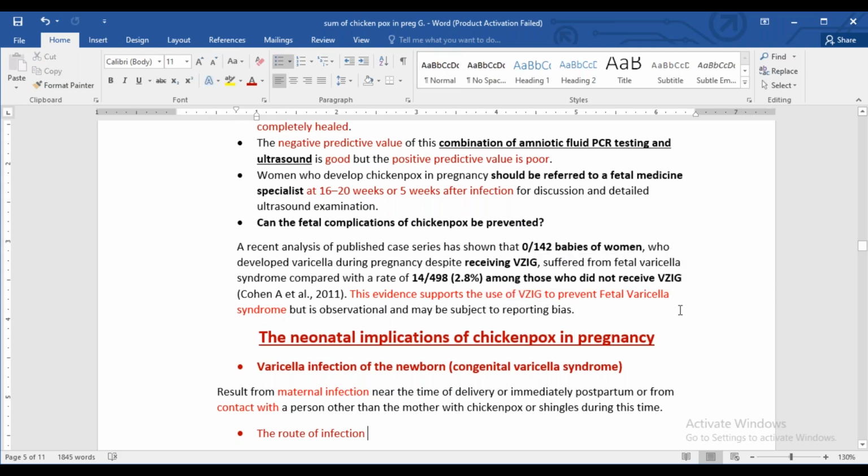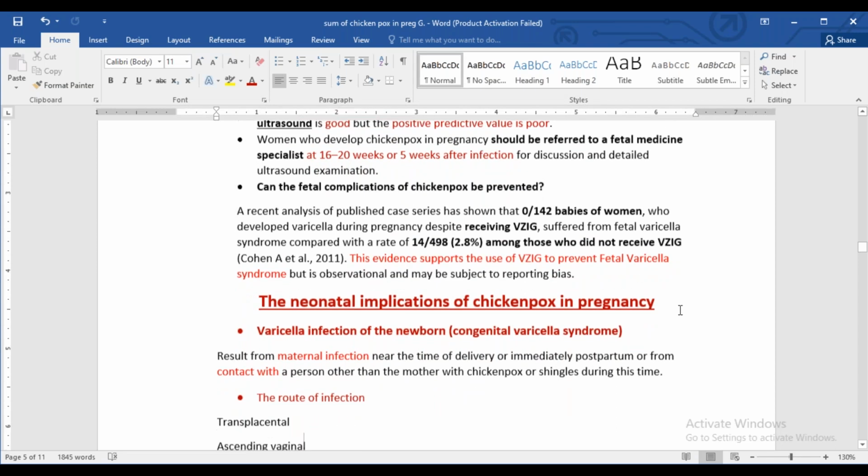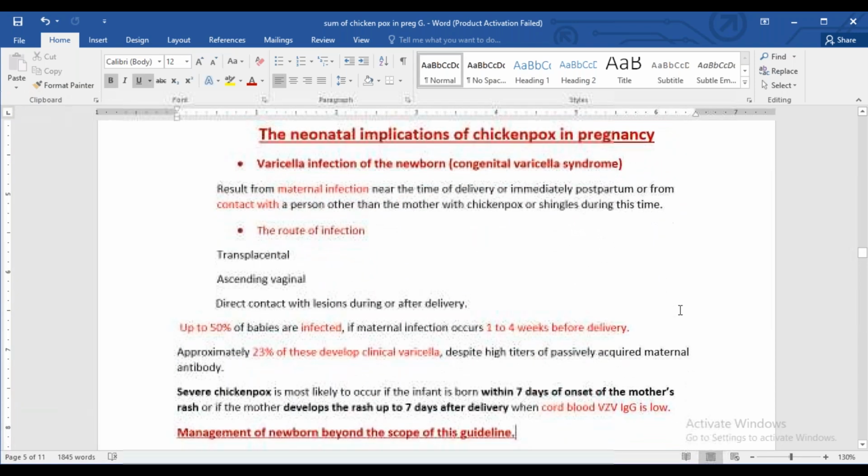The other thing is the neonatal implication, which has much information. We have implications on the mother: pneumonia, encephalitis, hepatitis, death. We have implications on the fetus, which is fetal varicella syndrome.